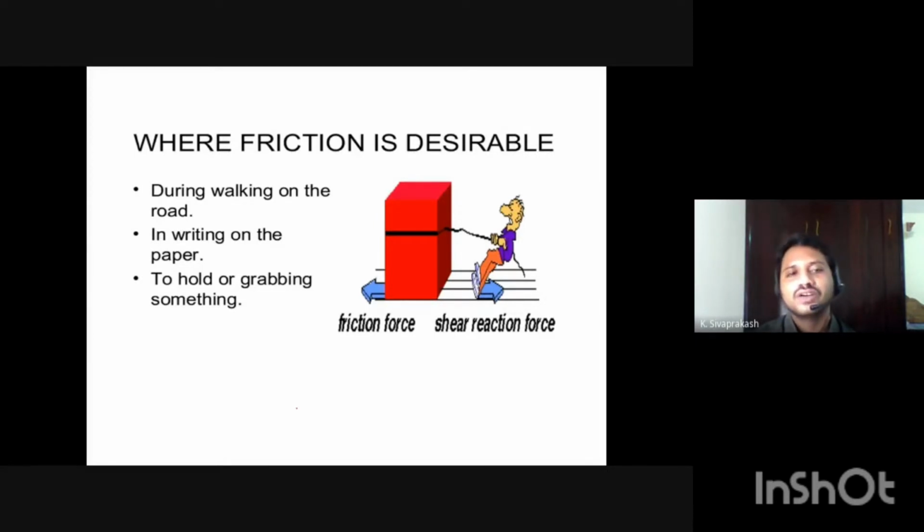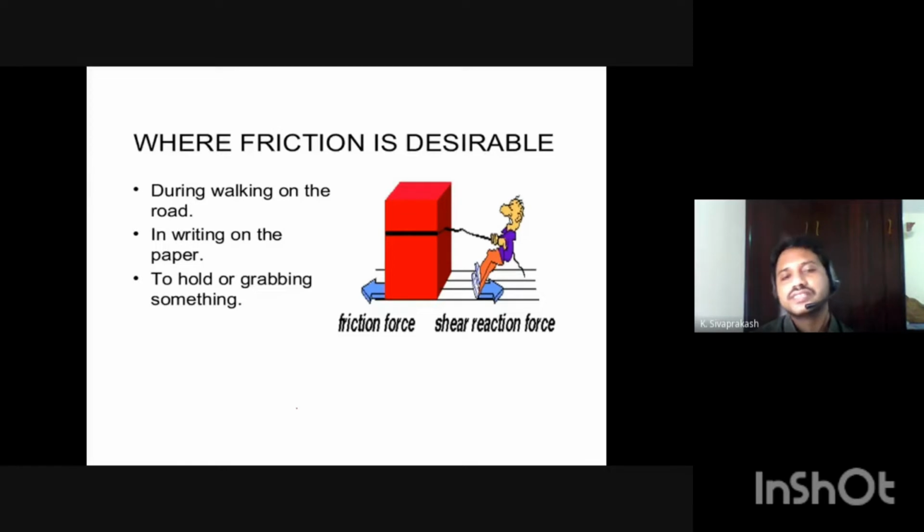When we walk on the road, friction is required. Friction plays the main role during walking. When you are writing something on paper, we grip the pen, so friction plays an important role in gripping and holding.